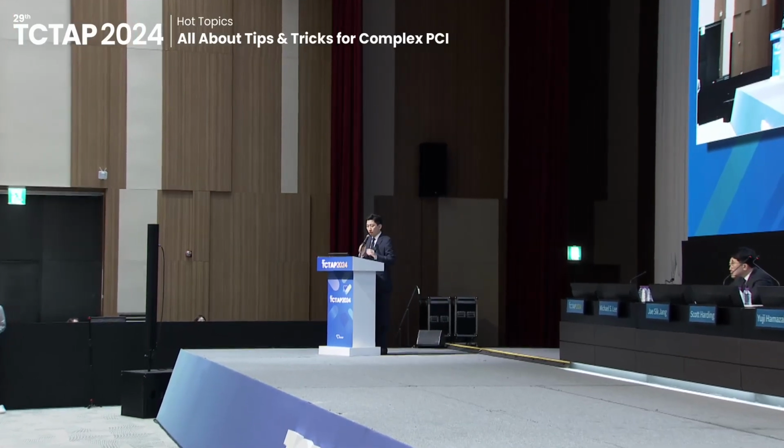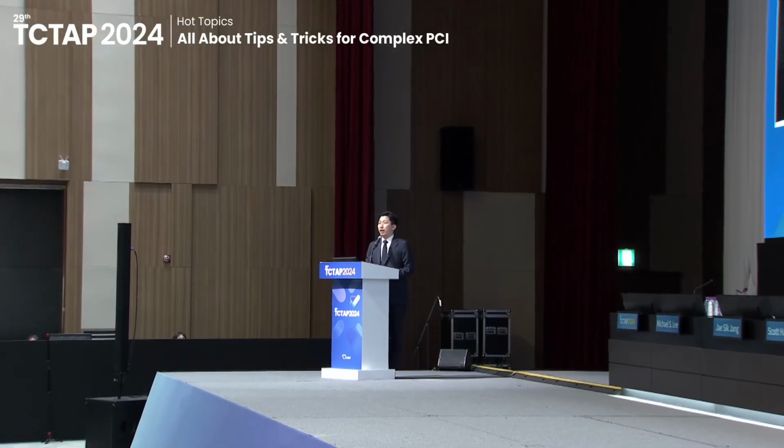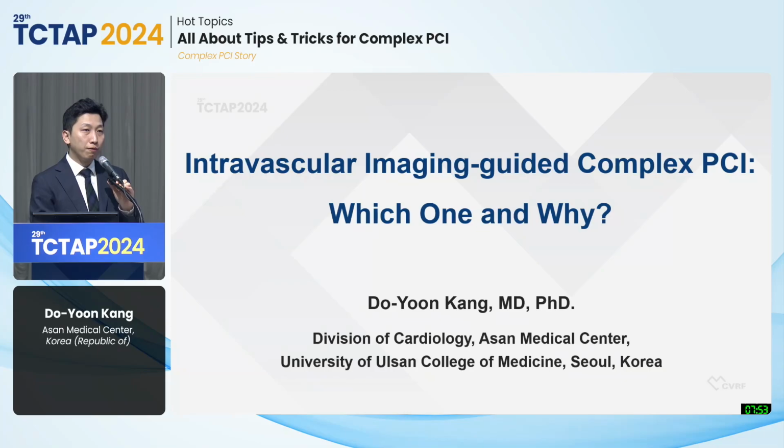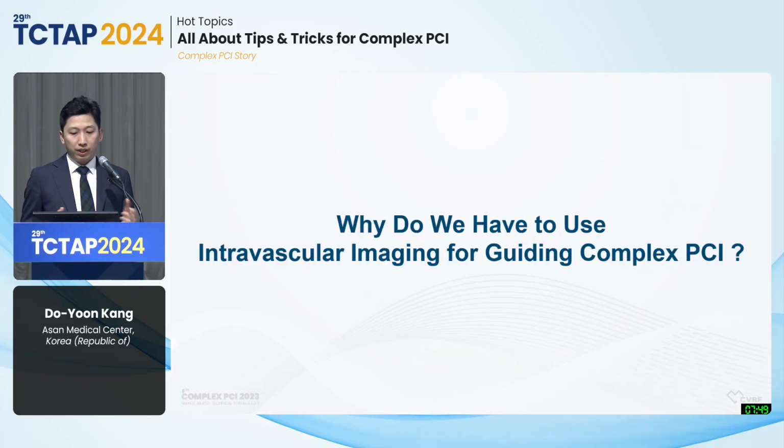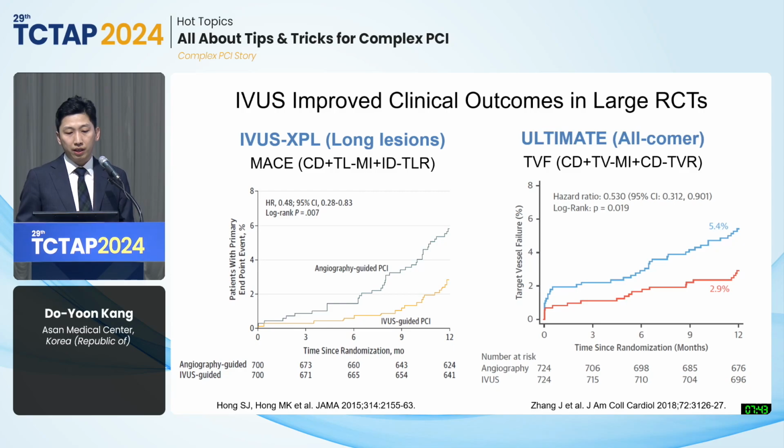Yes, thank you. I'll talk about the role and the selection of the intravascular imaging for guiding complex PCI. Why do we need intravascular imaging for guiding PCI, especially in complex PCI? Because all data shows the clinical benefit of the use of intravascular imaging for guiding complex PCI.